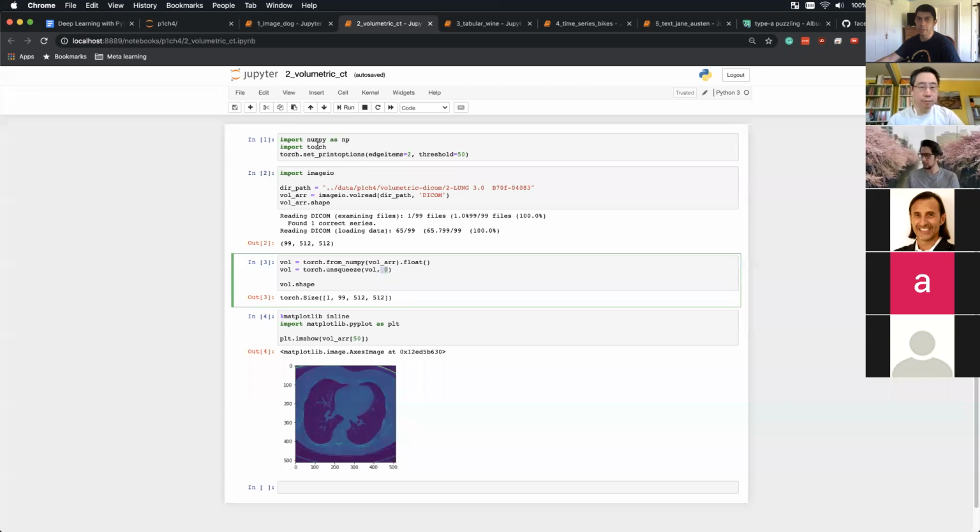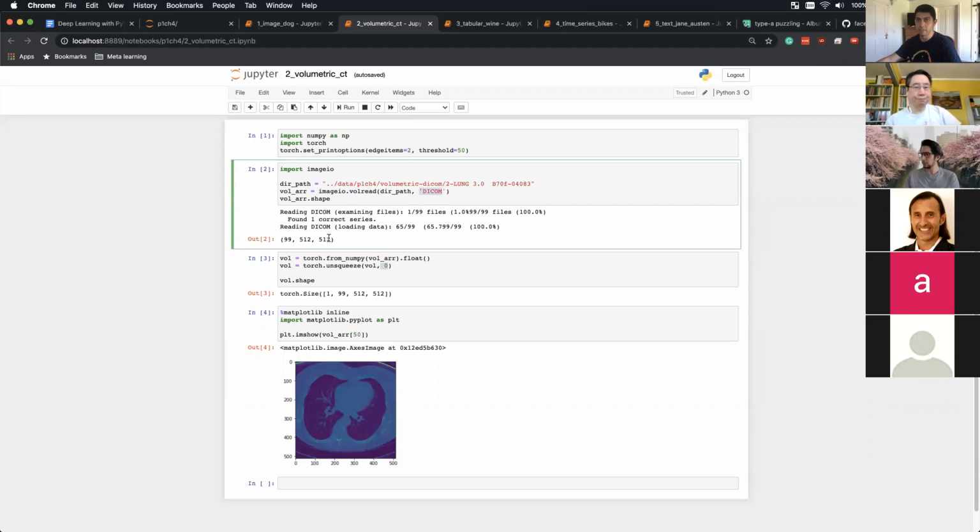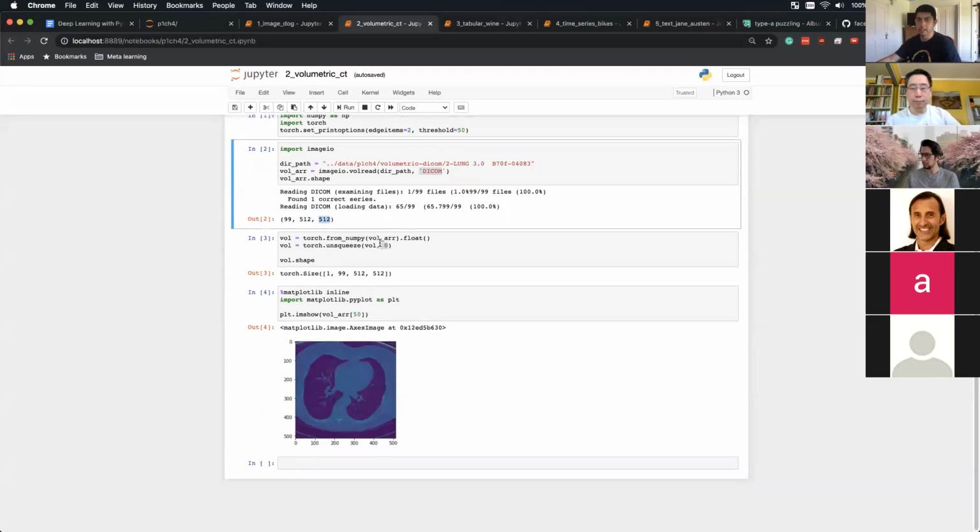So kind of a similar path. They load NumPy and Torch, and then instead of using imread, they use volread, and they say, here's where all of the images are. It's in DICOM format. Here's the shape that we get out of it. So we have 99 slices of the image, and then it's 512 by 512. Then they're pulling it from NumPy to a Torch tensor, making it a float, and then unsqueezing it so they can make it a batch.